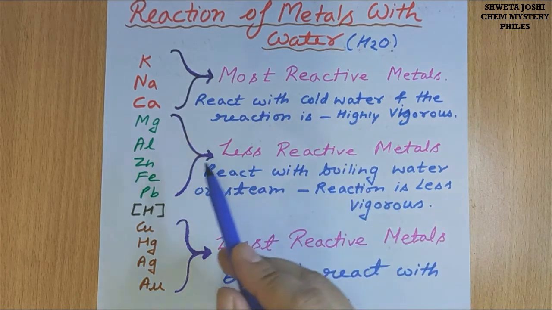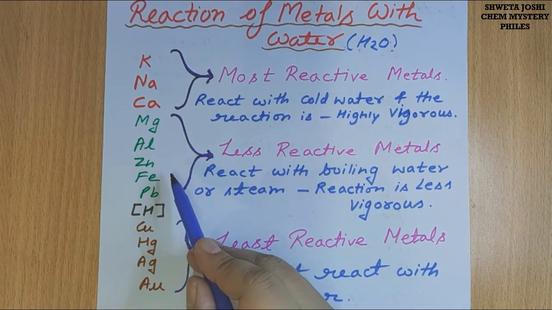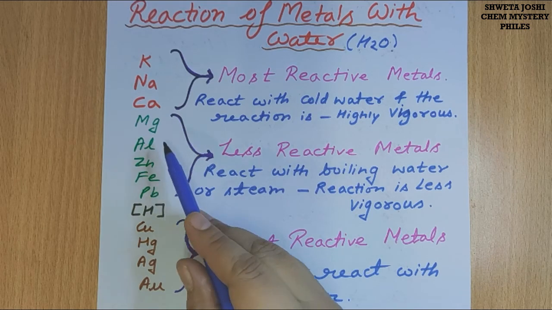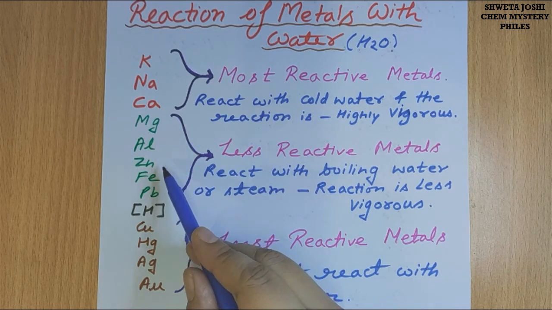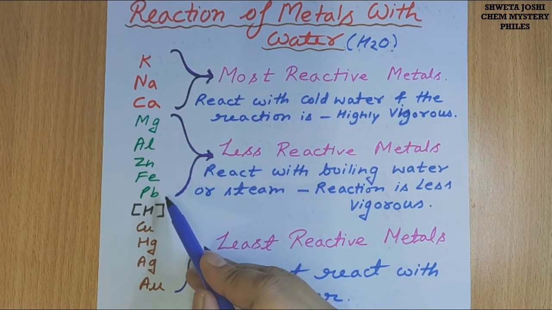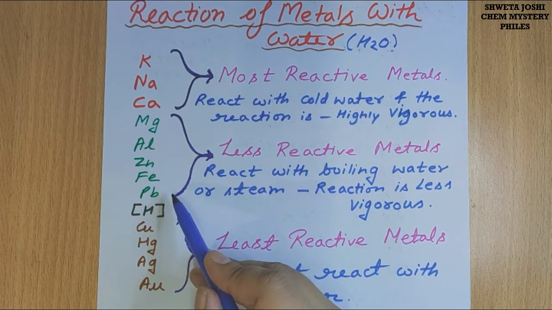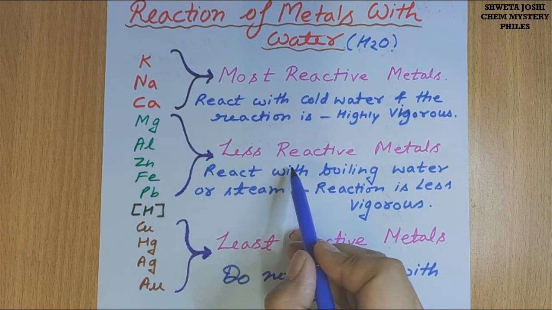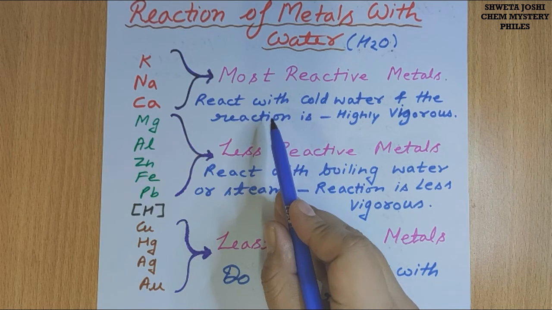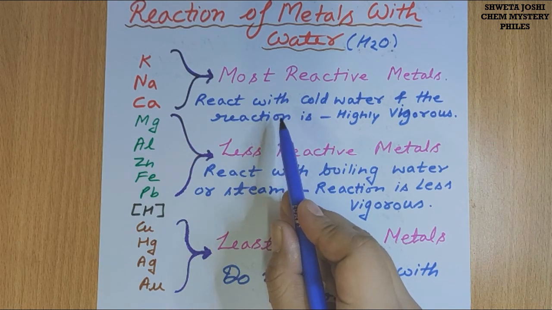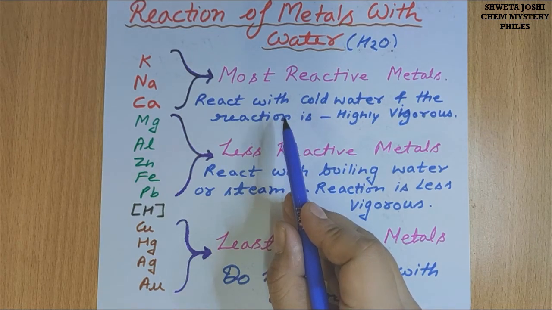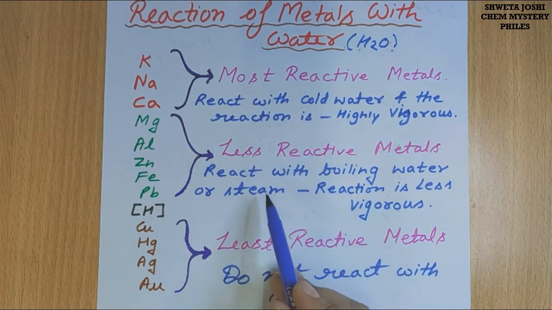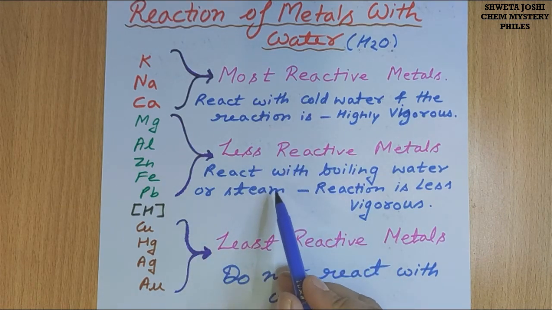Now, the elements which are placed in the middle of the series like magnesium, aluminium, zinc, iron, lead. These metals are less reactive as compared to the metals which are placed at the top of the metal activity series. These metals react with boiling water or with steam but not with cold water.